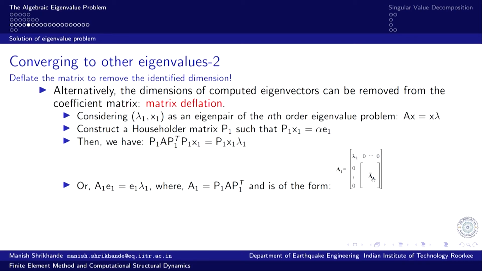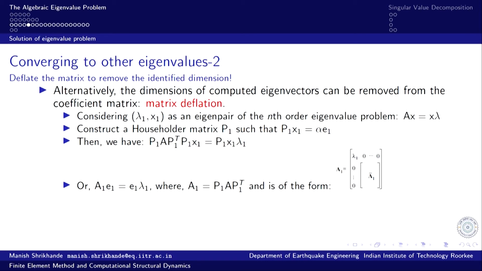Now you see this submatrix is decoupled from the rest. The first eigenvalue lambda 1 is isolated here. Now I can iterate with this remaining submatrix, and if I do the power iterations, it will lead to the next largest eigenvalue other than lambda 1, if lambda 1 is the largest eigenvalue.